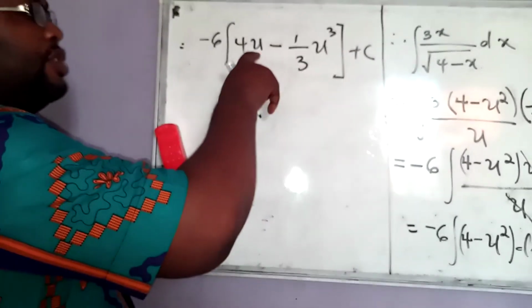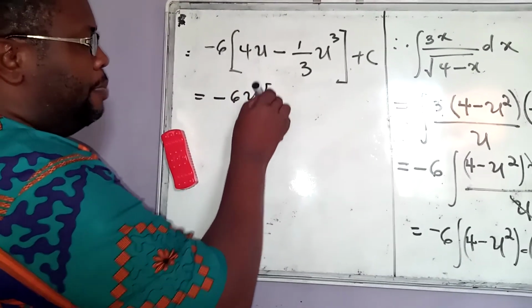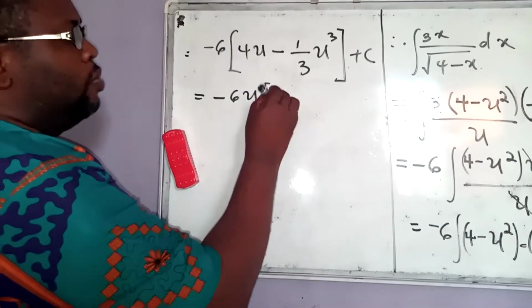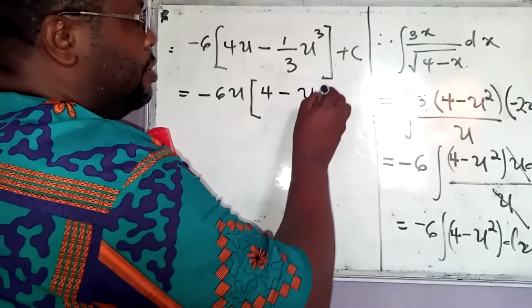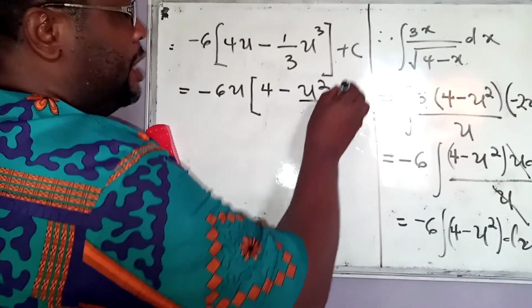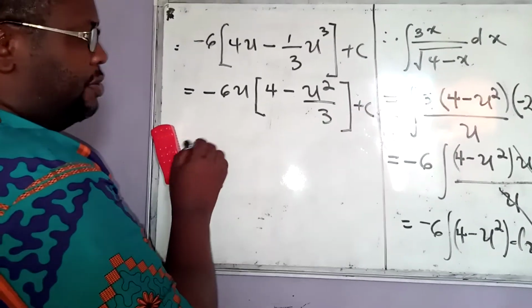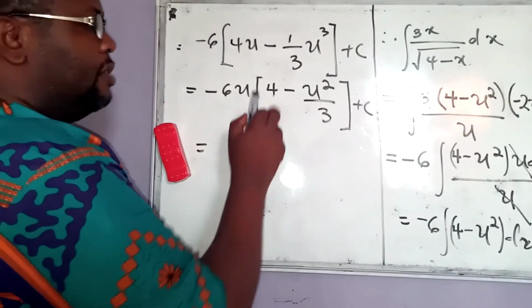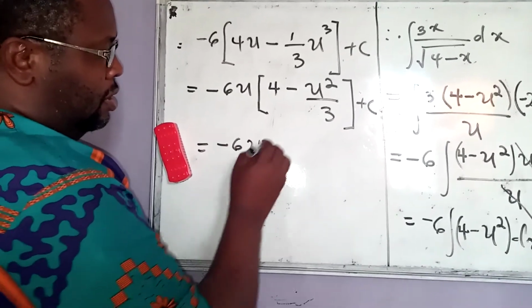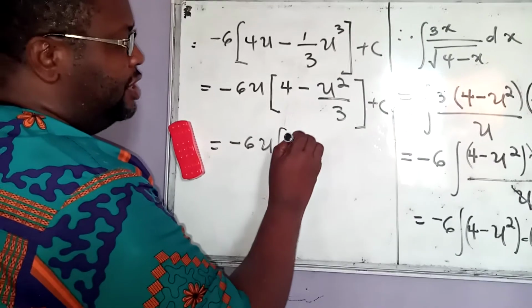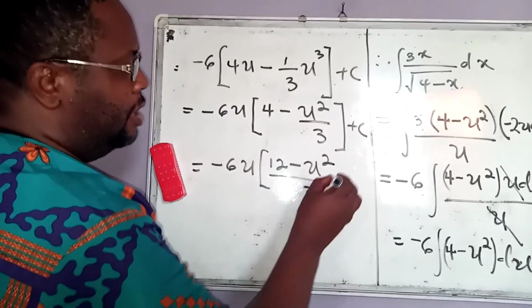There is u here, there is u here. So I simply have minus 6u. I open a bracket. If I take out 1u here, what will be remaining will be 4 minus u squared divided by 3. And this plus my constant of integration. And this becomes equal to, I'm taking LCM here, minus 6u into 3 times 4 is 12 minus u squared, now divided by 3.